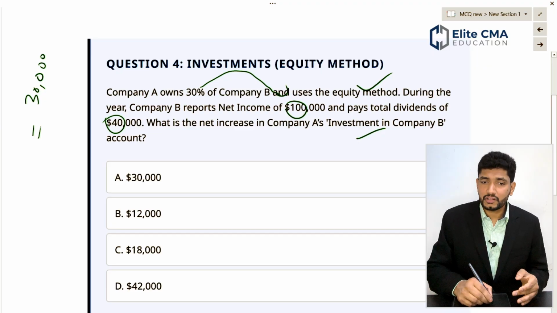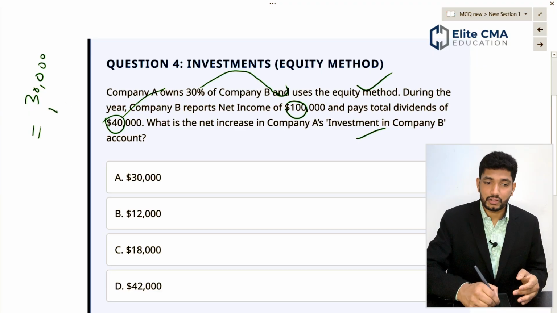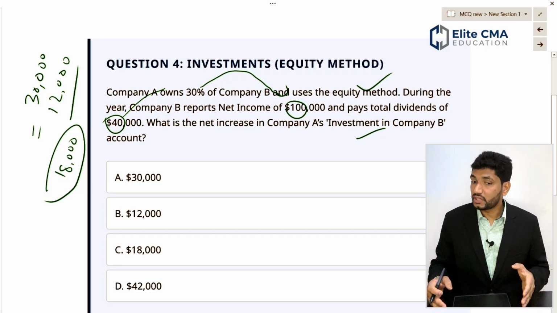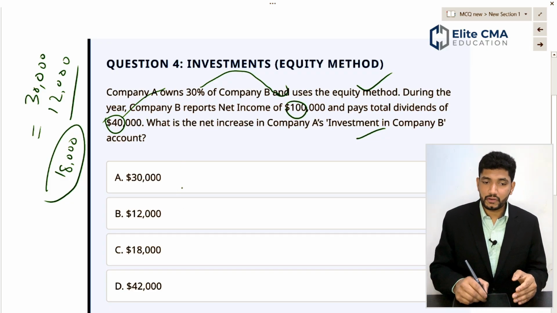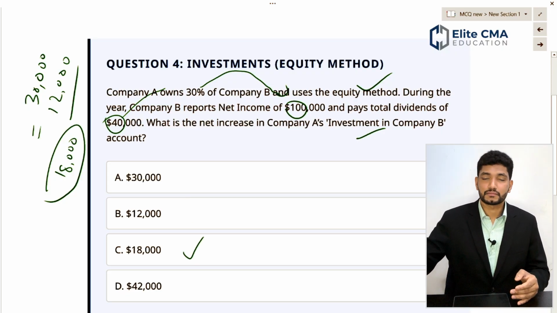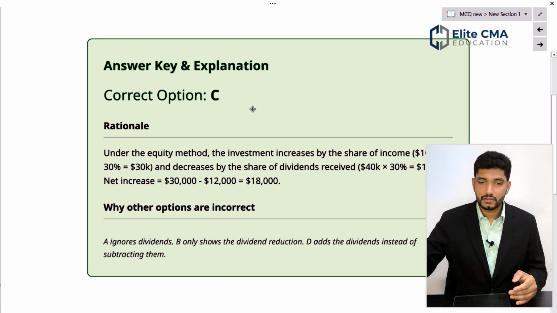So, this 40,000 into 30%, that means 12,000. The final answer is 18,000 increase in the investment account. If you are looking at options, option C is the right answer. You can see the explanation here.